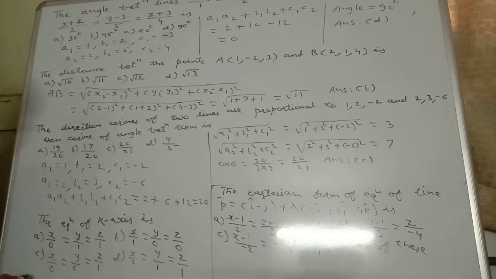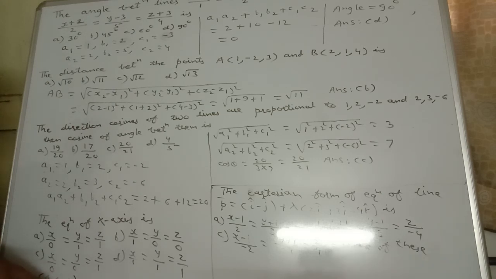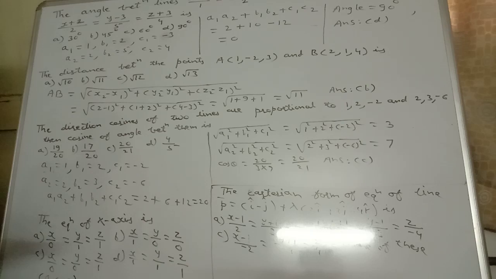The x-axis passes through the origin. So the origin is one point on the line. So x1 is 0, y1 is 0, z1 is 0. We can find direction cosines of the x-axis. Before that, direction angles of the x-axis are 0, 90, 90. Direction angles of a line are the angles made by the line with the positive coordinate axes.